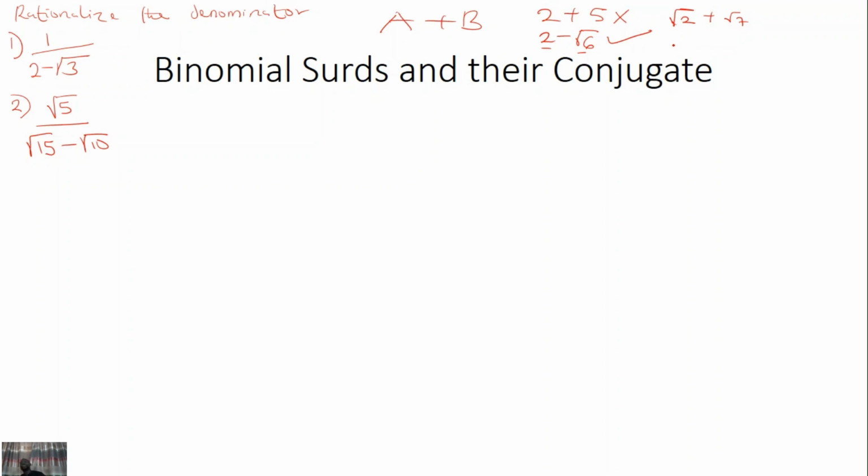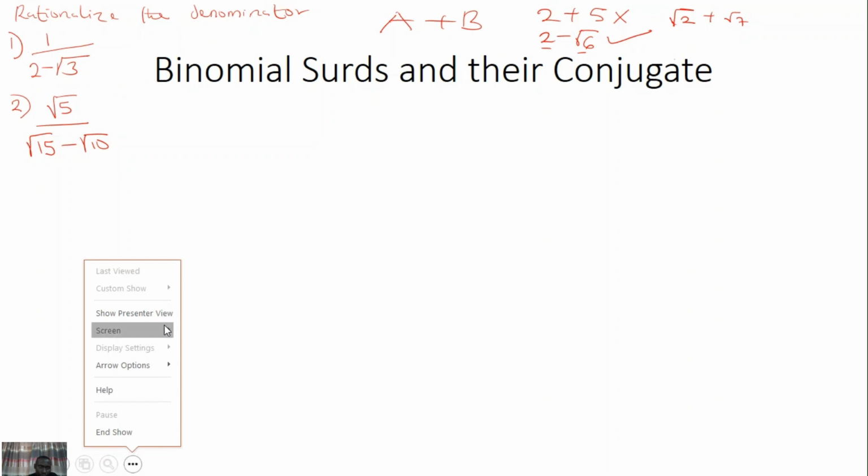What is a difference of two squares? It is an expression a squared minus b squared. This is the difference of two squares.